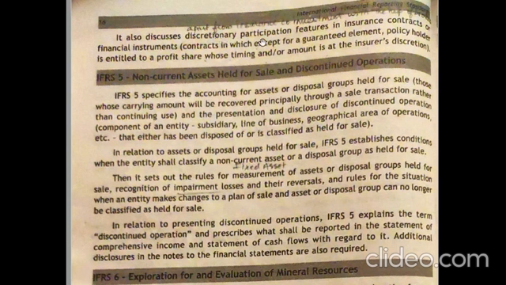discretionary participation features in insurance contracts or financial instruments, contracts in which, in addition to a guaranteed element, the policyholder is entitled to a profit share whose timing and or amount is at the insurer's discretion. Discretionary participation is apart from insurance, co-investing with the help of brokers.